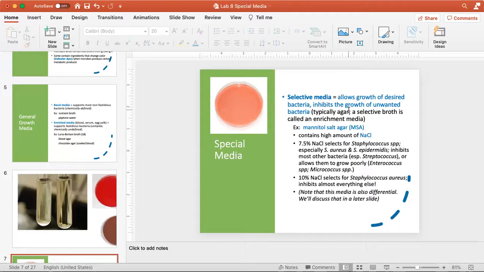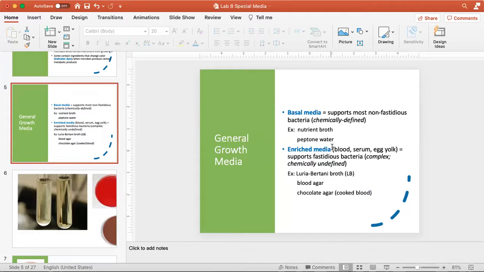There is something called a selective broth, and it goes by a second name of enrichment media. I really hate that term. And the reason I hate that term is because we just talked about enriched media.